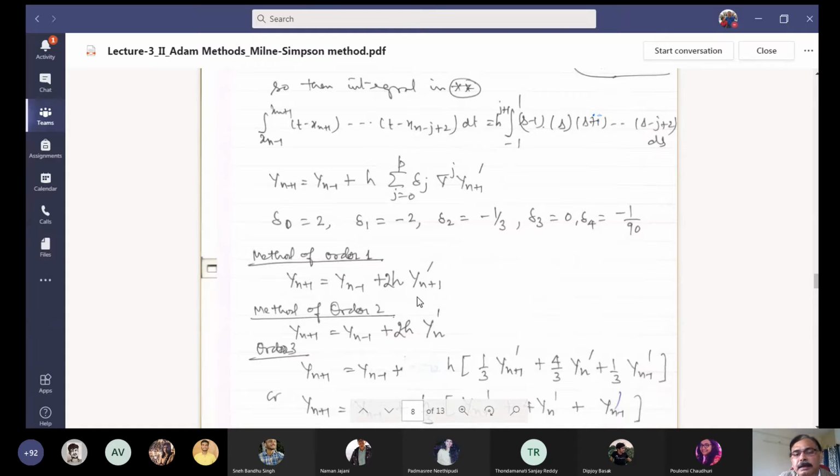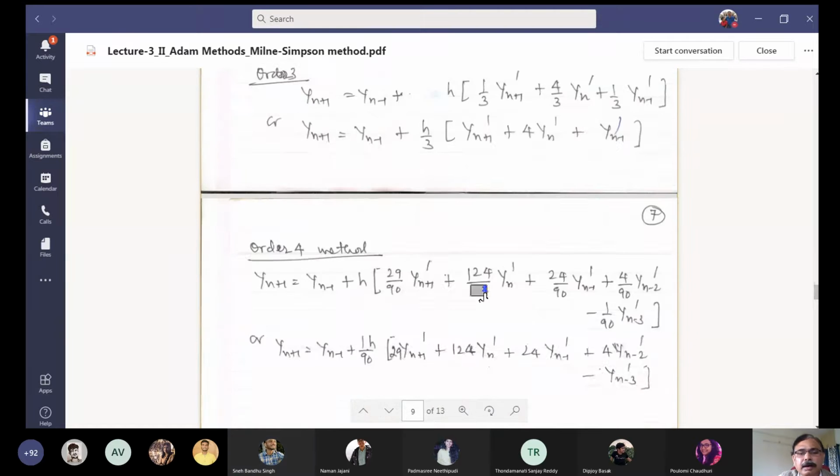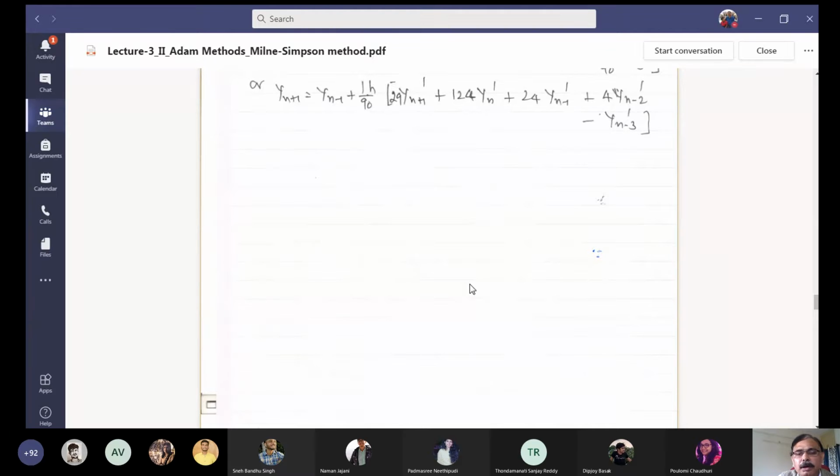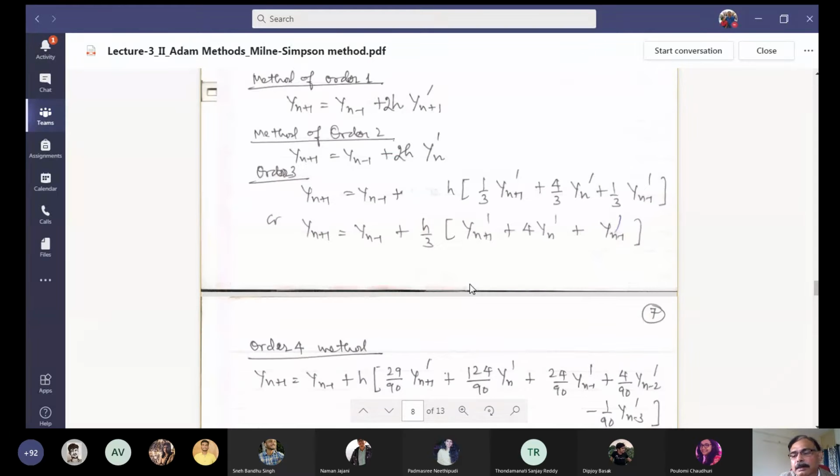You see again that this is your f of x n plus 1, y n plus 1, which means this will be an implicit method. Explicit or implicit method? Implicit. Is that clear? Yes, sir. Okay. So similarly, you can calculate other order methods. Now, the problem is that for the implicit method you have to apply the Newton-Raphson method.